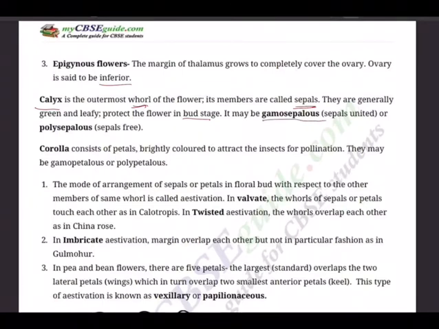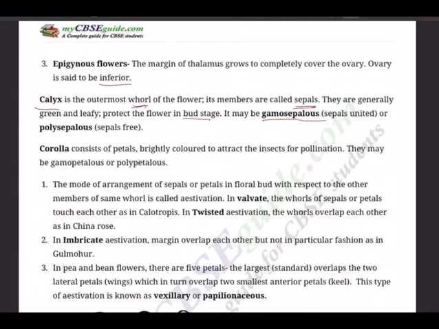And it may be gamosepalous. Gamo means united, fused. Sepals are fused. You must have seen, like in hibiscus, when all the sepals are fused and it's like a disc, then we say gamosepalous. Or in some flowers, you must have seen all the sepals, maybe 3 or 4 or 5, they will be separate.